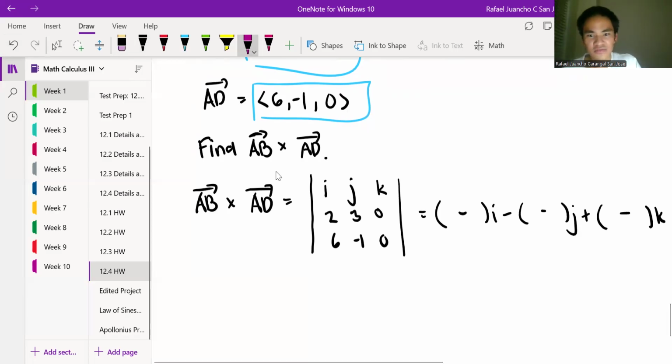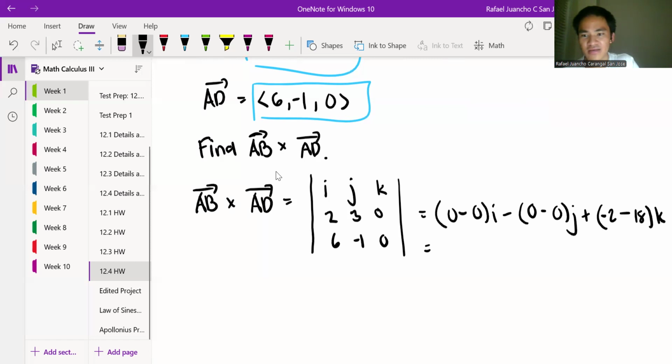Now, let's get rid of I. 3 times 0, so this is all 0. Let's get rid of J. 0, 0. And for K, -2. Ooh, -2 minus 18. That's -20.